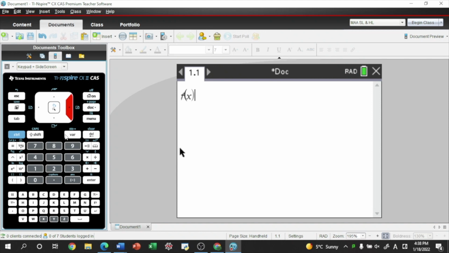Then to get to our assignment operator, we want to press this blue control button followed by this button here next to the 9, which I call my template button. So control that, and there we go. This might sound like a lot to remember, but you're going to be doing it so often that you're going to be a pro in no time. Finally, we're going to type x over 6 plus 3 over 2 and press enter to do the assignment. Finally, we can use this to evaluate f of 11.